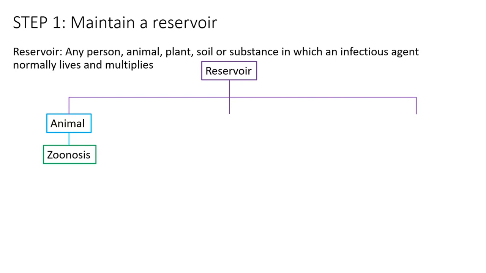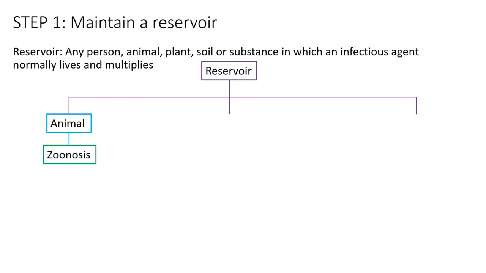Okay, and so the PowerPoint lists several different examples like rabies, which has a variety of animal hosts, bats, skunks, raccoons, etc. Lyme disease, the animal reservoir is actually a deer, and it gets transmitted from the deer via the tick to a human. So the tick is what we call a vector, but we'll talk more about that later.